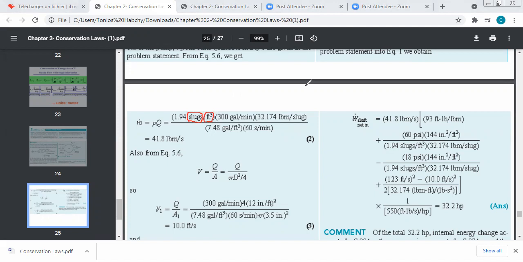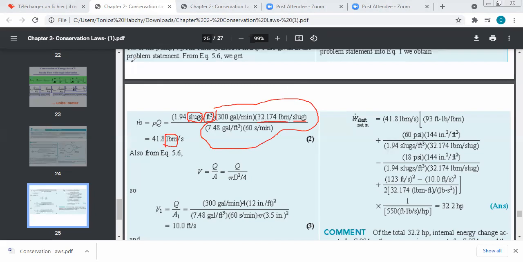Now we have to convert to work in the English engineering system, which works with lbm as mass and not slug. So all the work done here is just to convert from one system of units to the other, and it's very simple, just using the rules of conversion. For example, we know that 32.174 lbm is one slug, so if you want to convert from slug to lbm, this is what we will do.